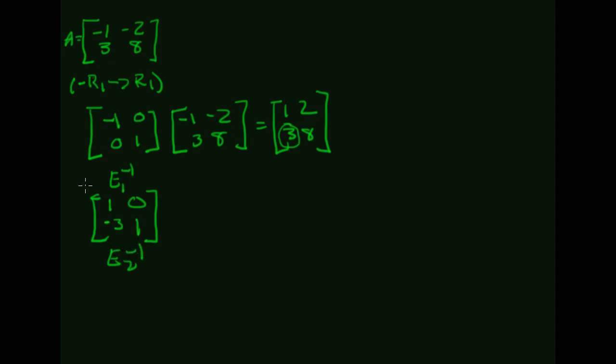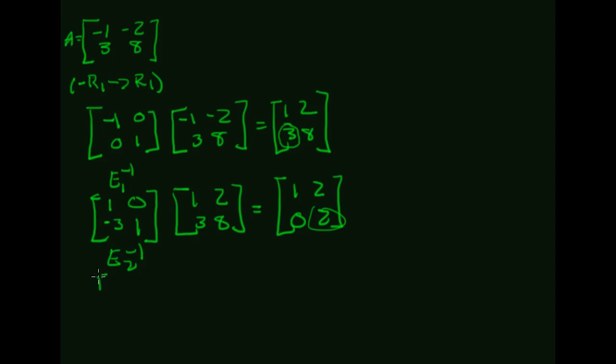Alright, so let's see. We're going to multiply that by this guy, 1, 2, 3, 8. That's going to give me 1, 2, 0. 2 times -3 is -6 plus 8 is 2. Okay, so I need this 2 to be a 1.